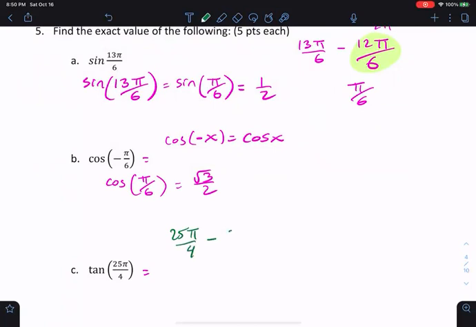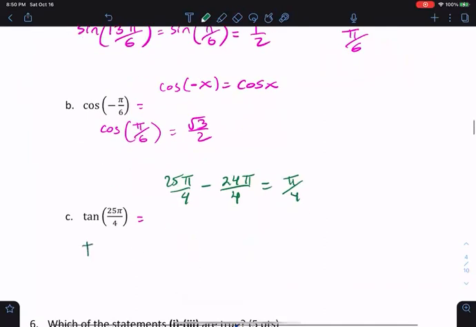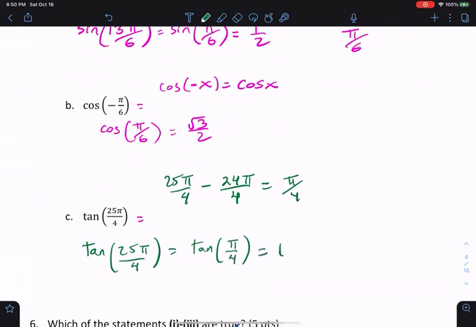So I'm gonna subtract 24 pi over 4, which is like 6 pi, or going around the unit circle 3 times, right? So that's gonna be pi over 4. So tangent 25 pi over 4 is coterminal with tangent pi over 4, and tangent pi over 4 is just 1, right?